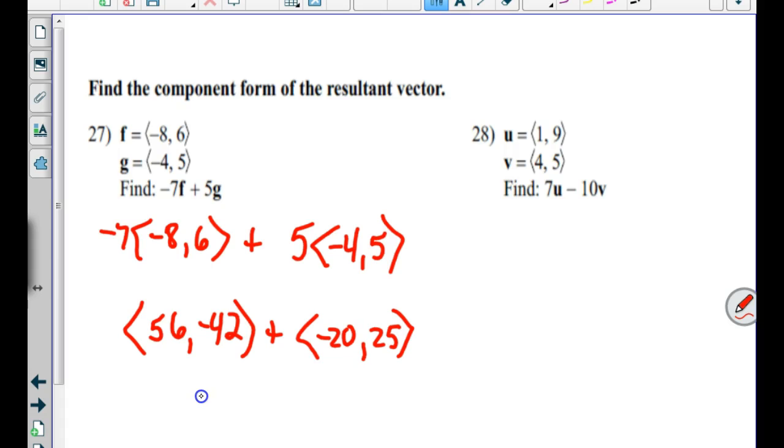If I add, I get, I don't know, 36, negative 17. Somebody fix me. That's probably wrong. 25, 32, 42. Is that right? Anybody check number 27 in the answers?